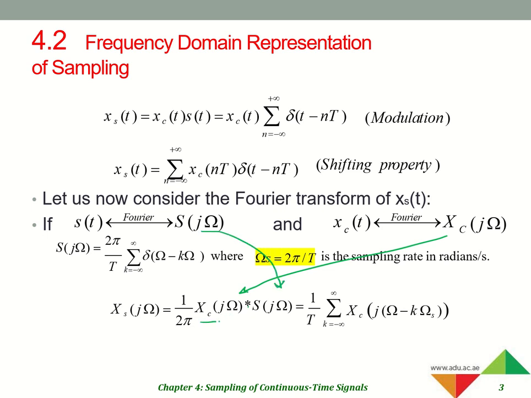This is just an impulse train, so when this function is convolved with it, we will get this function value at all the impulse locations. So finally we get this. Omega is replaced with the impulse locations. So for example, if we have one function, we get its periodic versions at the different impulse locations, like in the time domain.